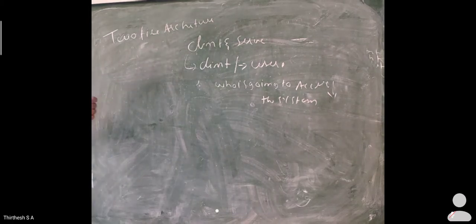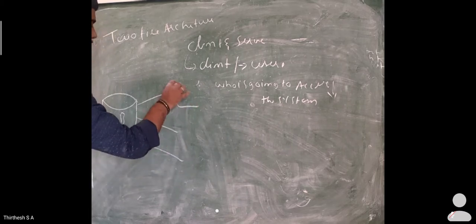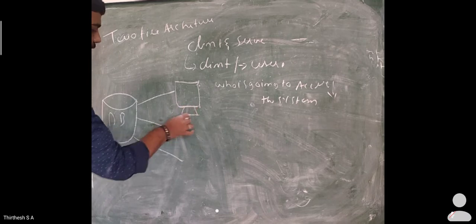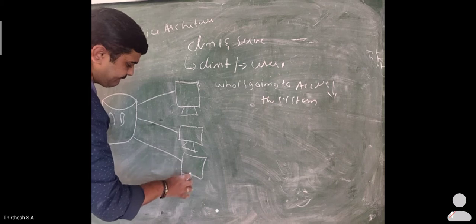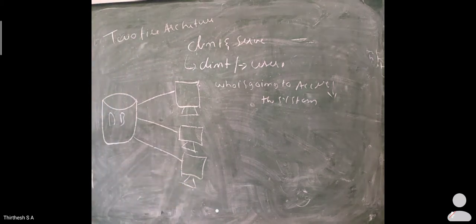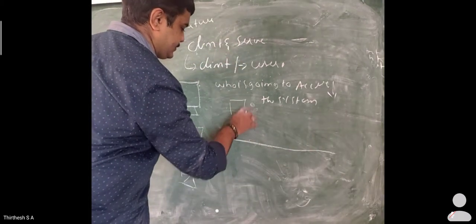A two-tier architecture is a system where you find a database, which communicates through a server, which communicates to a client program for different services for our users.